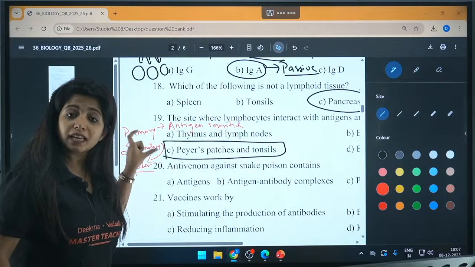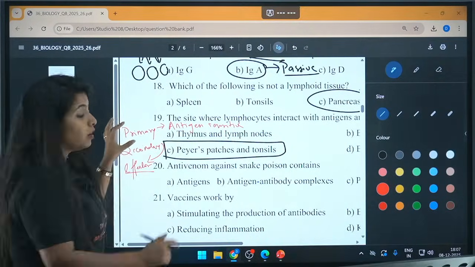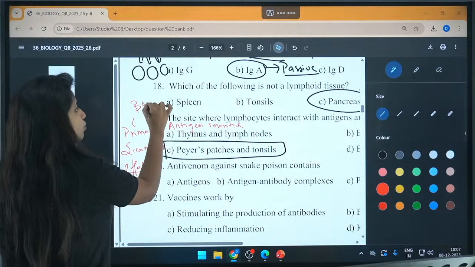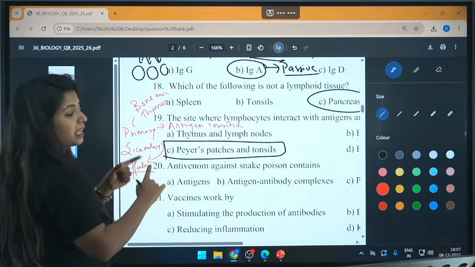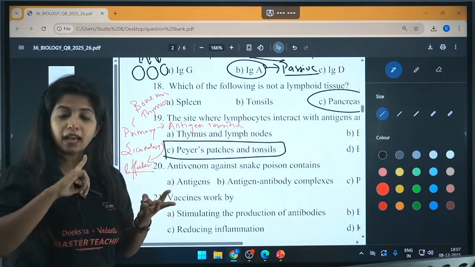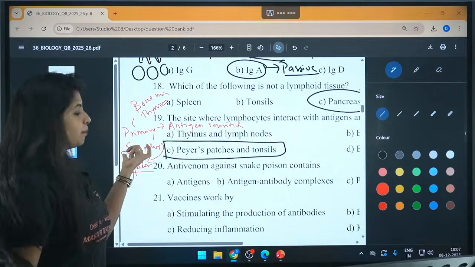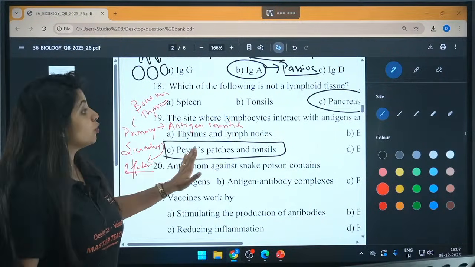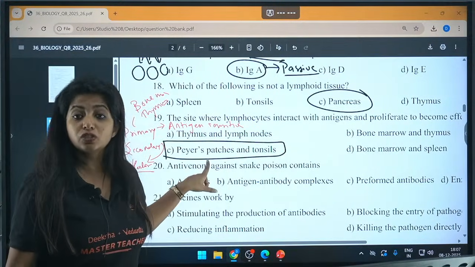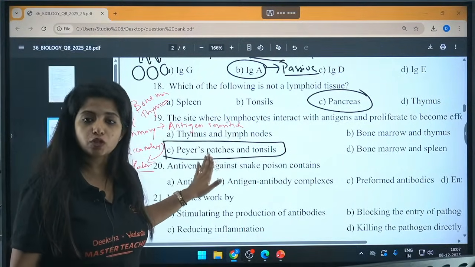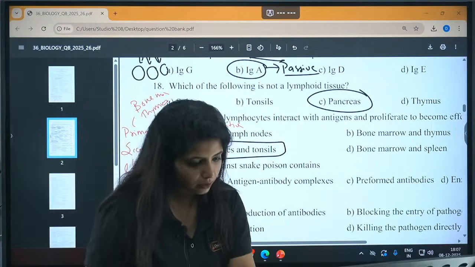So that happens in secondary lymphoid organs. What are primary lymphoid organs in our body? We just have two. One is bone marrow and the other one is thymus. Everything else, spleen, lymph node, MALT, all of them come under secondary lymphoid organs. Here you are asked where is that portion where the cells become effector cells. It is going to be a secondary lymphoid organ, which is Peyer's patch and tonsils. Okay?